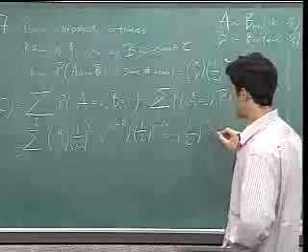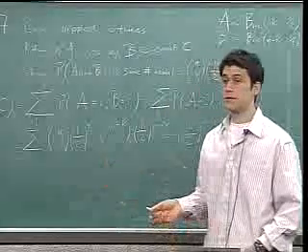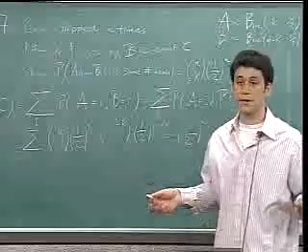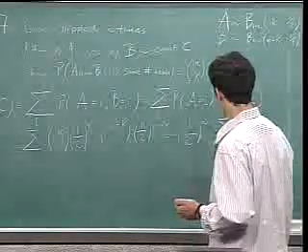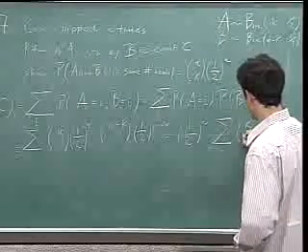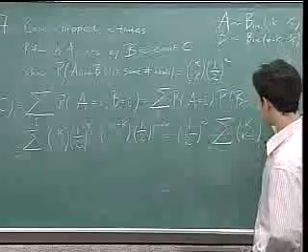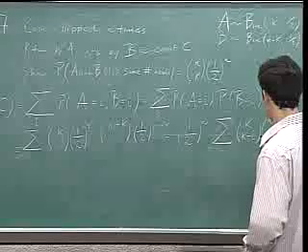And then we can also write k choose i, and you'll see why we do this, as k choose k minus i, right? Those two are equal. So k choose k minus i times n minus k choose i.